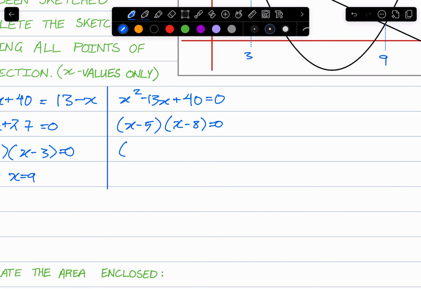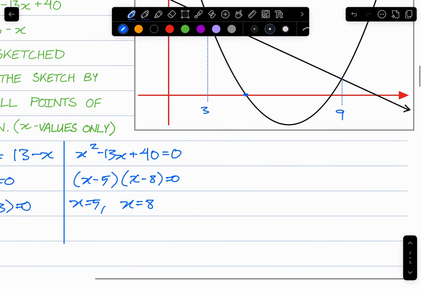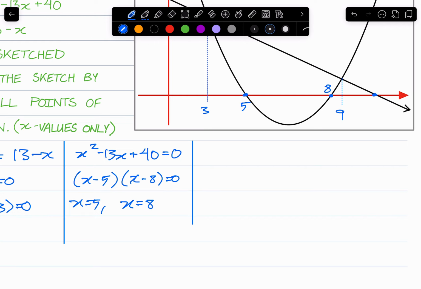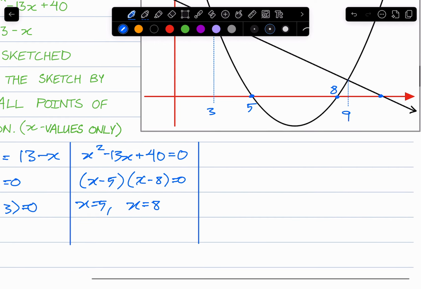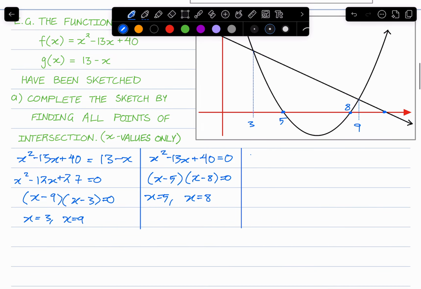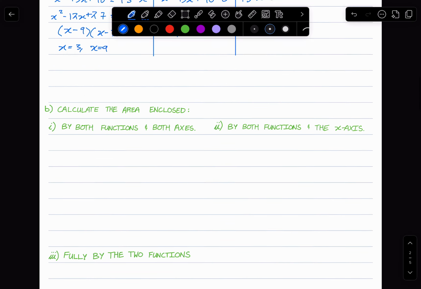So this gives me x equals 5 and x equals 8. And lastly, we just let the other equal 0. That's simply 13 minus x equals 0, so x equals 13. Definitely not to scale here.